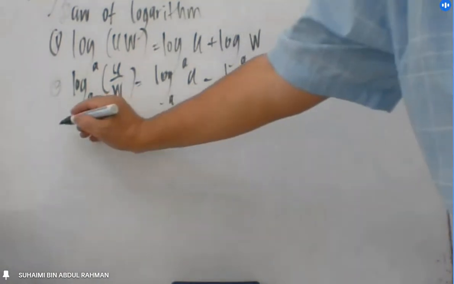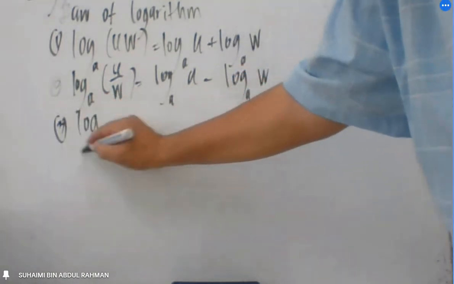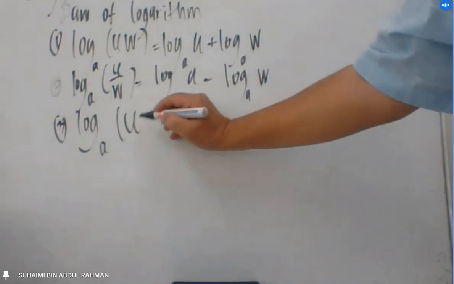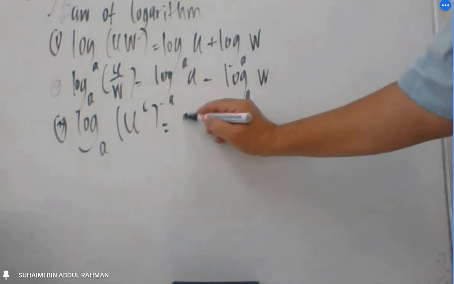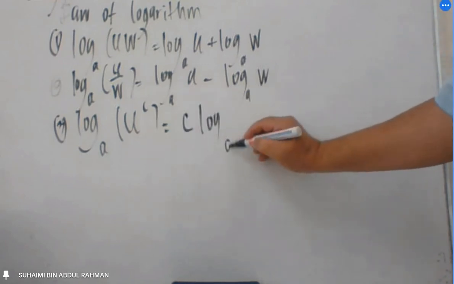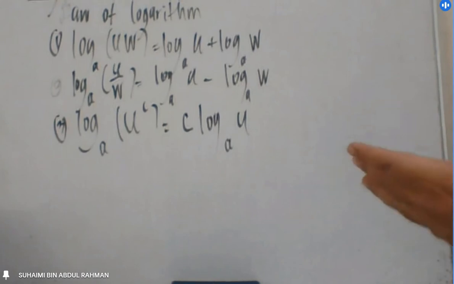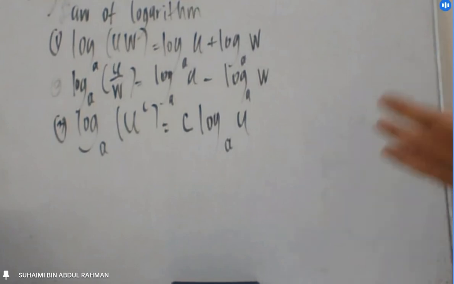And number 3: log a of u to the power of c is the same as c log a u. This applies for log with base 10, or we say common logarithms. This also applies for log with base e, or we call natural logarithms.